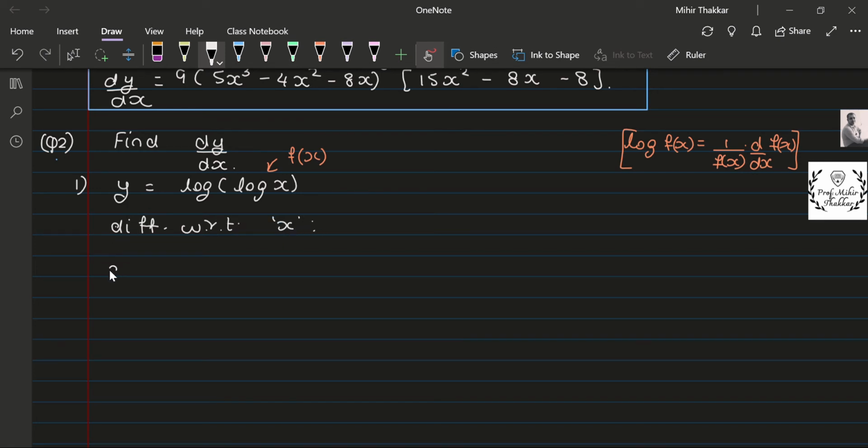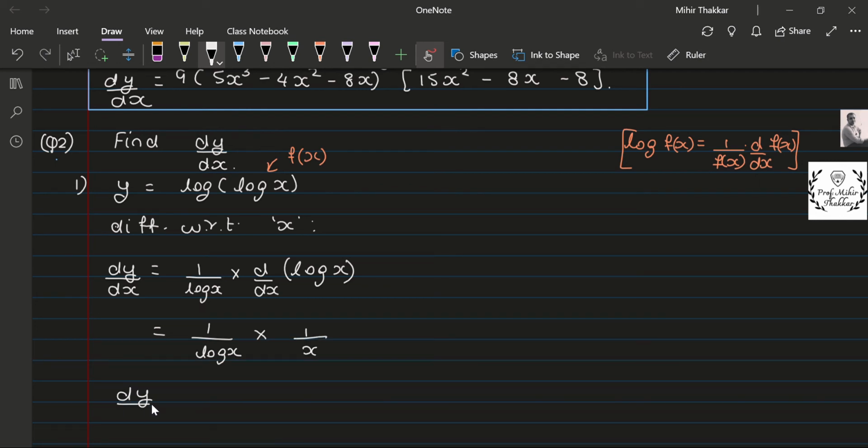Derivative of y is dy by dx. And the answer over here will become 1 upon f(x), which is 1 upon log x, multiplied by derivative of f(x), which is derivative of log x. So this 1 upon log x is as it is, and derivative of log x is again 1 upon x. So your final answer comes out to be dy by dx is equal to 1 upon x into log x.